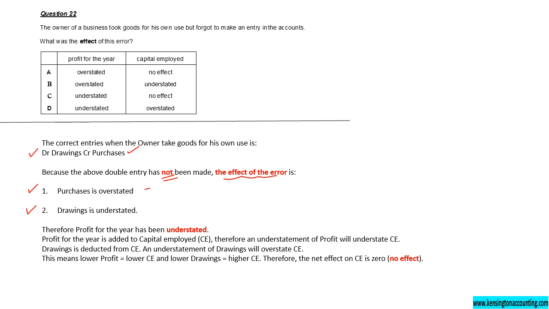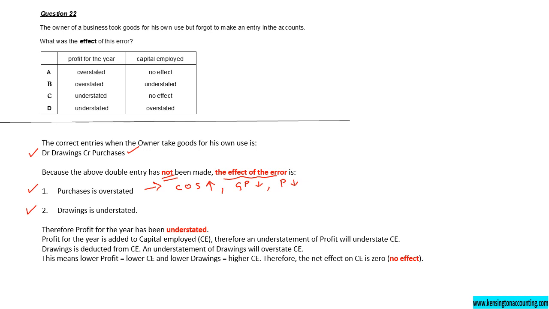Now, when you overstate purchases, cost of sales also will be overstated, and because cost of sales is overstated, gross profit will be understated, and because gross profit is understated, profit for the year will be understated.